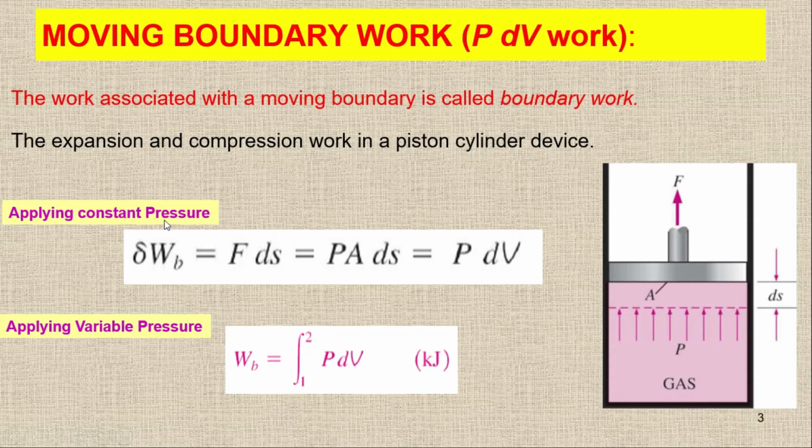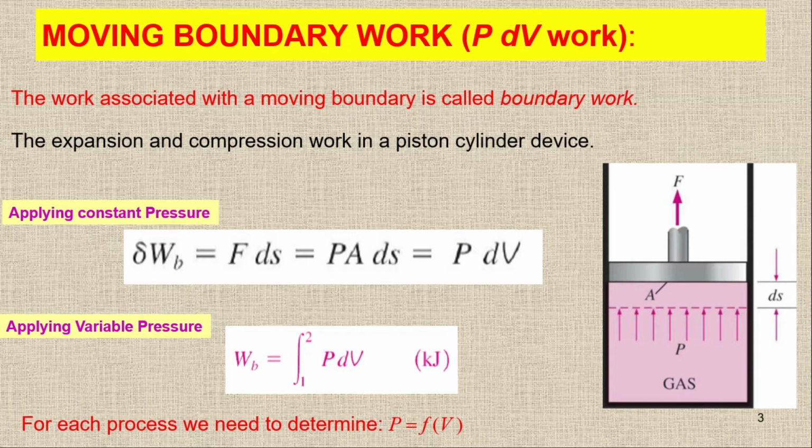Depending upon the case, either constant pressure or variable pressure, you can rewrite the equation. But remember, this equation is the basic equation, and we will start from it, and then we will check whether the pressure is constant or not, and then we will integrate the equation between these two limits, and we will get the boundary work.